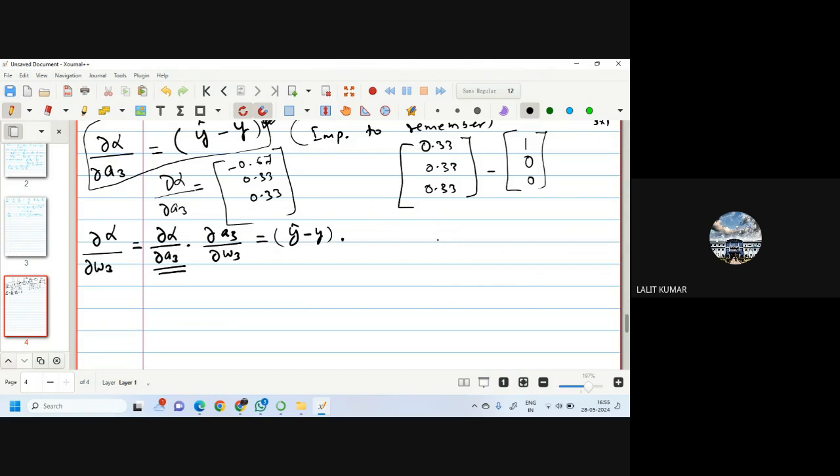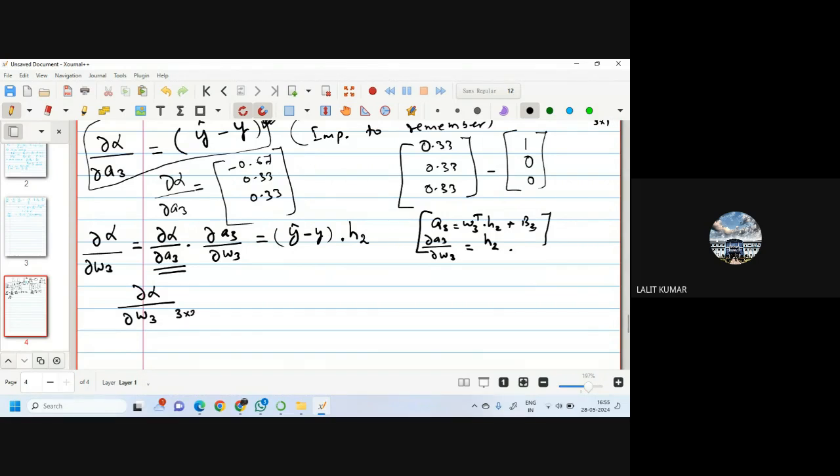And A3 is equal to W3 transpose into H2 plus B3. Therefore, del A3 by del W3 is equal to H2. So it becomes H2. Now del L by del W3 size will be the same as W3, and W3 size was 3 into 2.